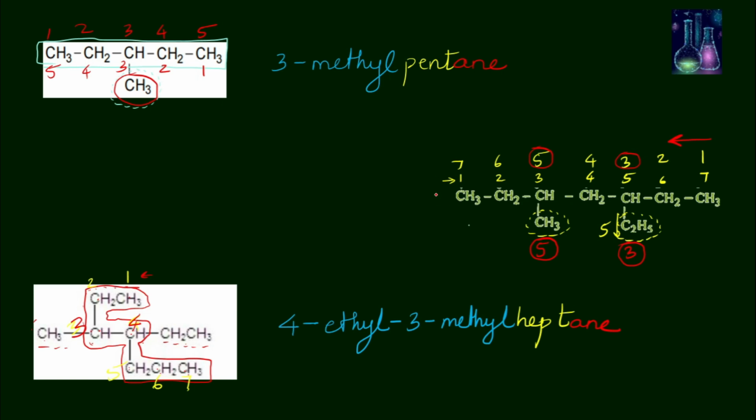Now the name of the molecule will be 3-ethyl 5-methyl, and the parent contains 7 carbons, therefore it will be hept, and since all carbons are single bonded, it is ane.